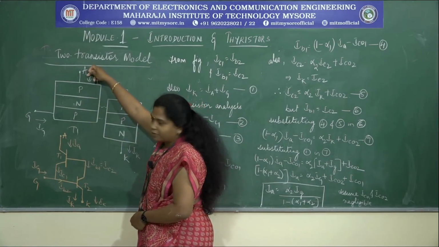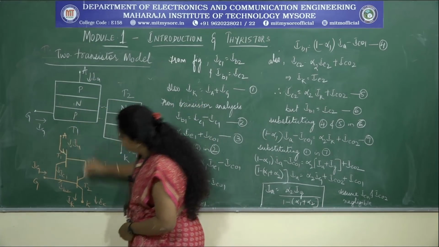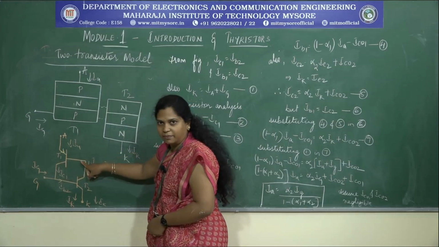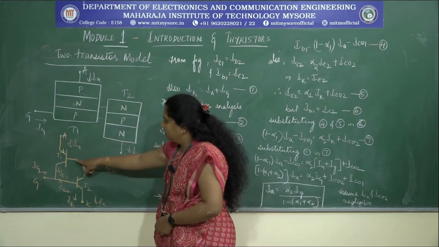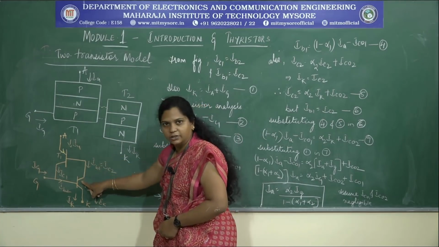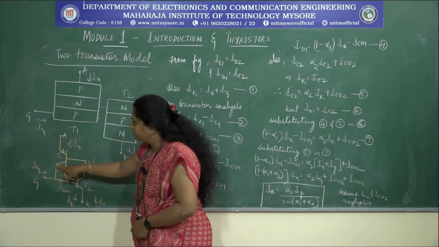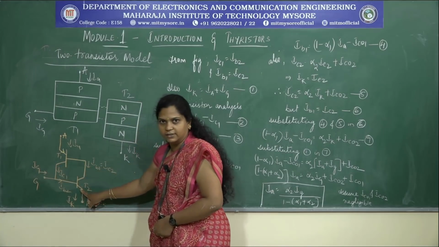Here the anode current flows into the PNP transistor, so the PNP emitter, collector and base. The base of transistor 1 is linked to the collector of transistor 2, and the collector of transistor 1 is linked with the base of transistor 2.